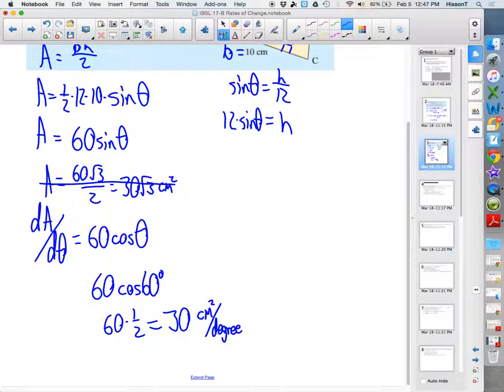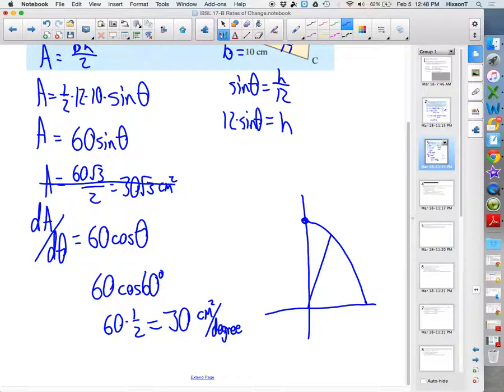Now, obviously, that's only at that moment. When you change the angle to something different, the rate of change is going to change as well. And you guys know that as you rotate up, sine is getting bigger and bigger until you hit 90.